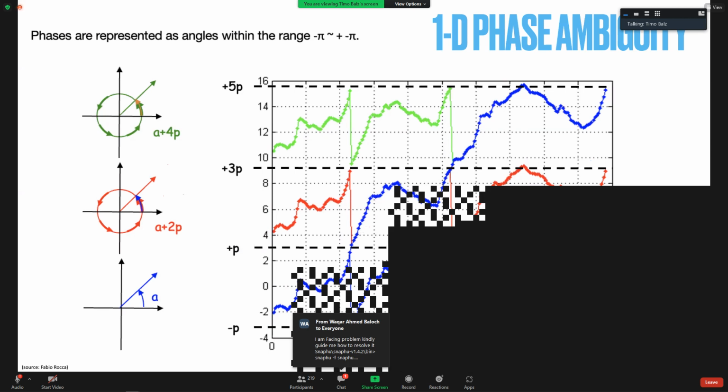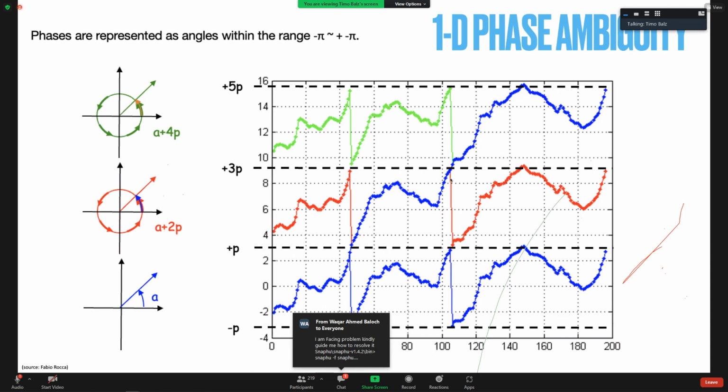And here also it's more likely that the phase smoothly continues to go up and not suddenly breaks down. So that solution that we see here would be the most likely solution, that we have a smooth phase change and not sudden jumps in the phase.